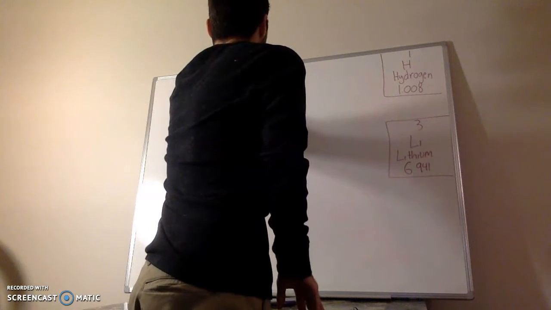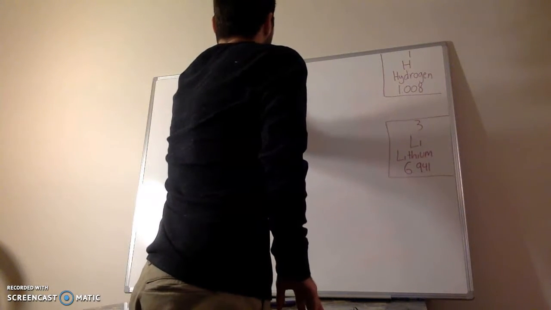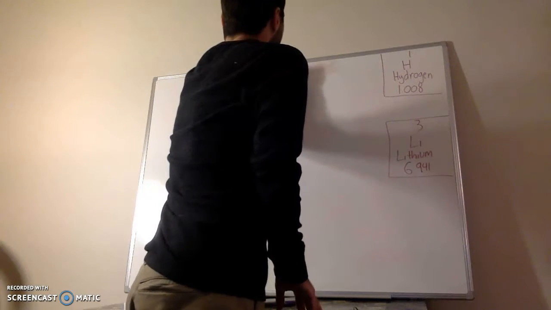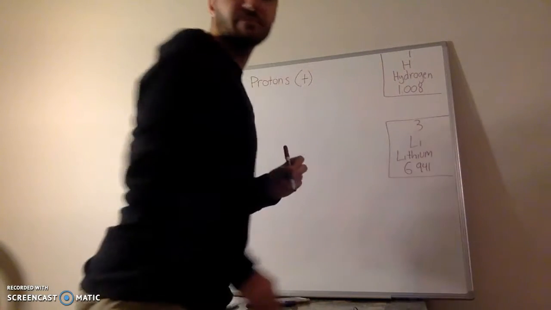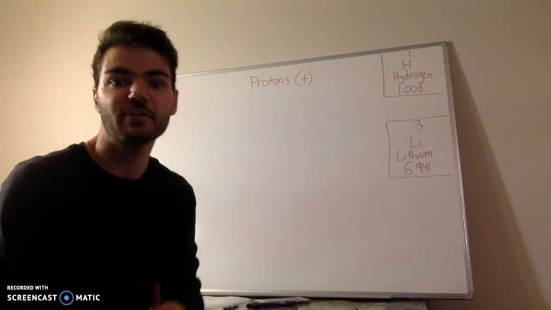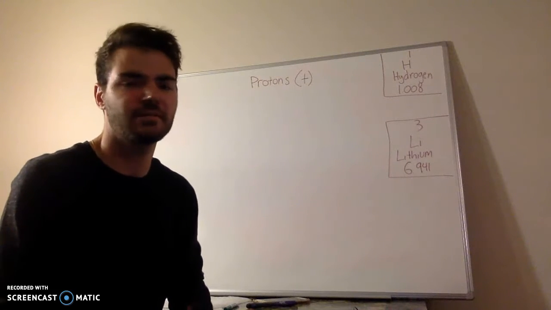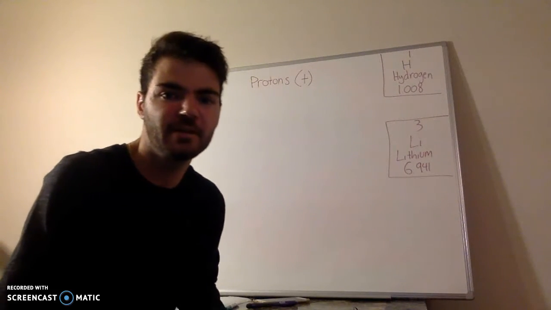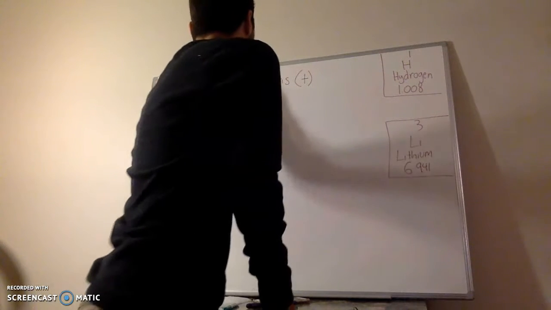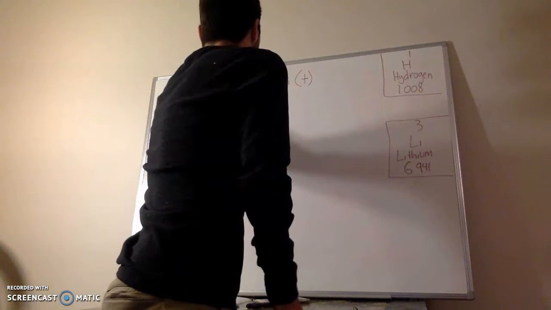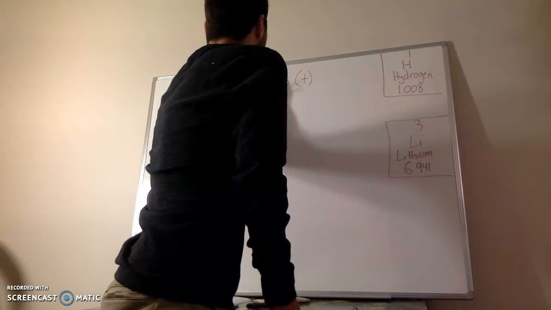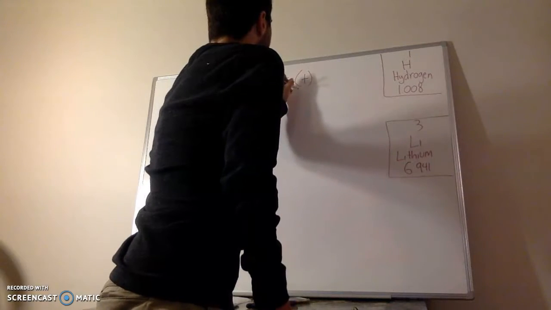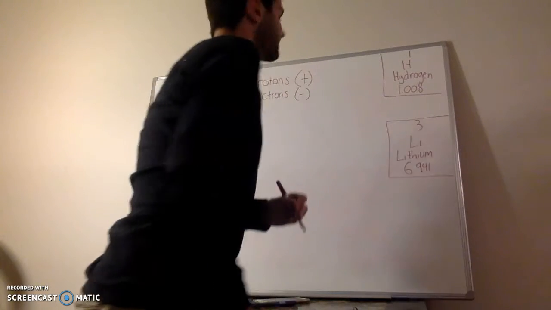One being protons, which are positive, so I use a plus sign there. I remember that because proton and positive both start with a P. We also have electrons, which are negative.